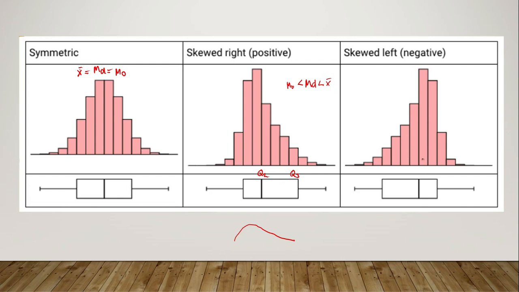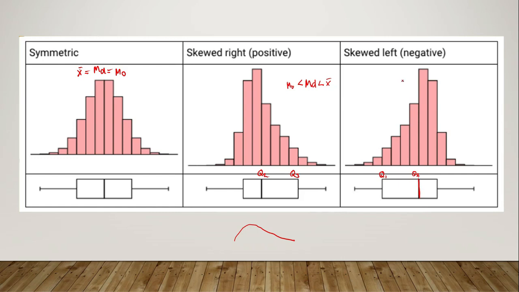However, if we have skewed left, a negatively skewed distribution, then our median is closer to the right part of the box. And the values from Q sub 1 to Q sub 2 are more spread out. Again, the ends of our whisker on the left is the minimum, on the right is the maximum. So in this case, we have a skewed left or negatively skewed distribution.